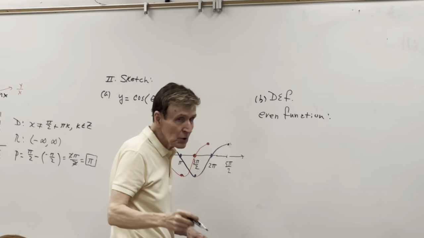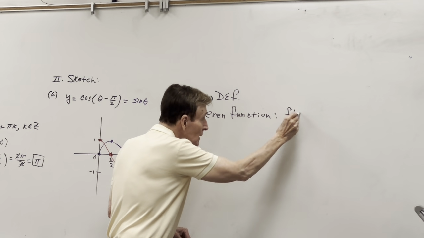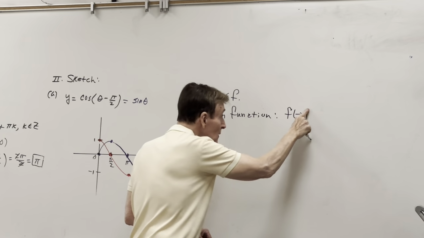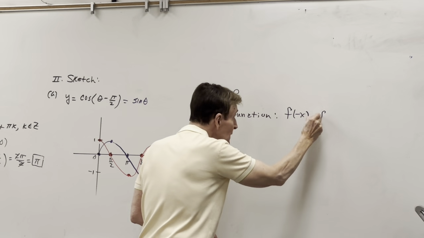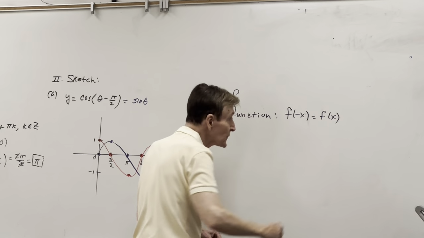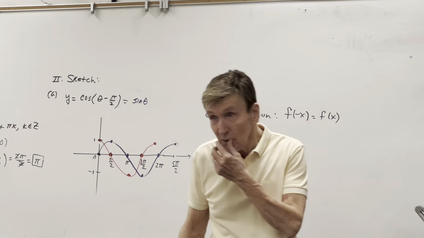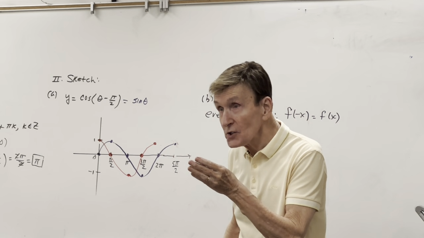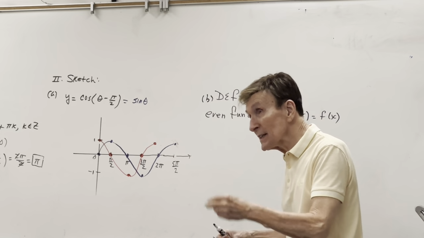And did I finally conclude that f of negative x equals f of x? So if my function satisfies that condition, not only do we call it a function, we call it an even function. And it does something unusual for us, but it's an even function.